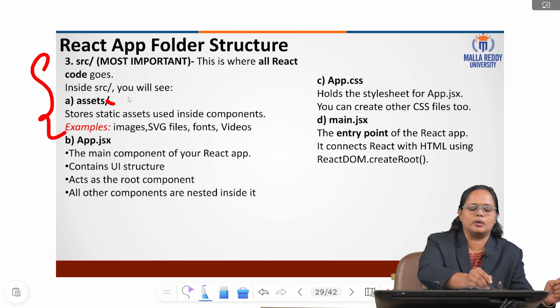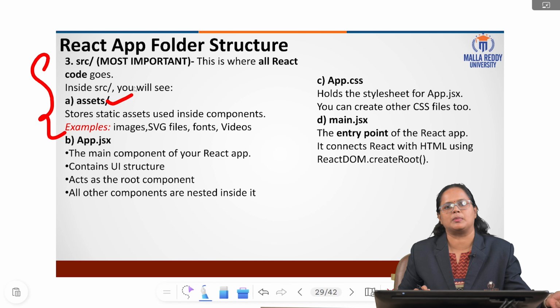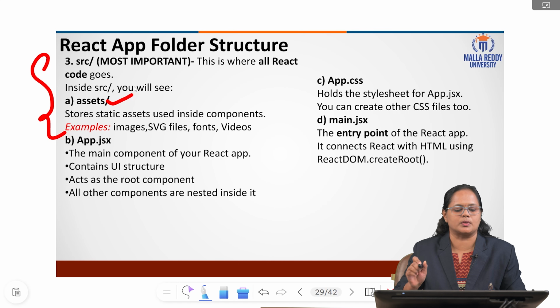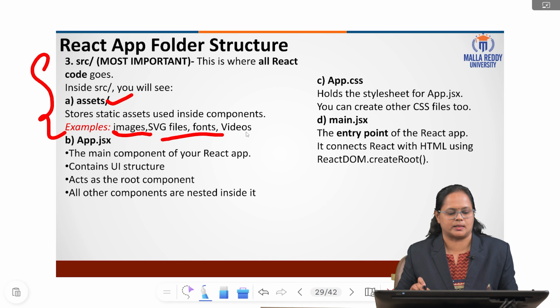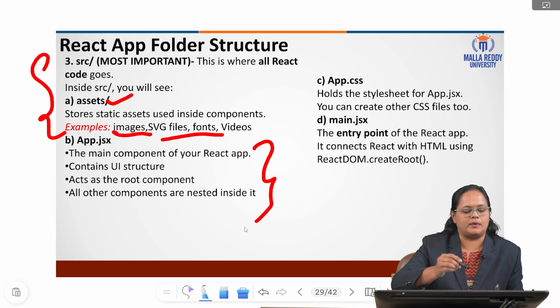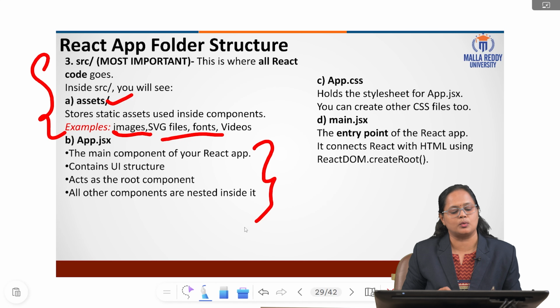In this, you are going to find the assets folder. Just like the public folder, this assets folder is also used for saving images, SVG files, fonts, videos, etc. And then we have App.jsx. I told you, this is the main component of our React app where exactly we will be writing our code.